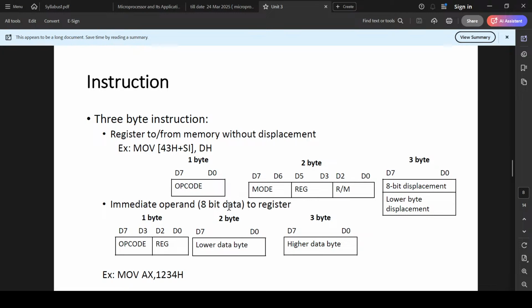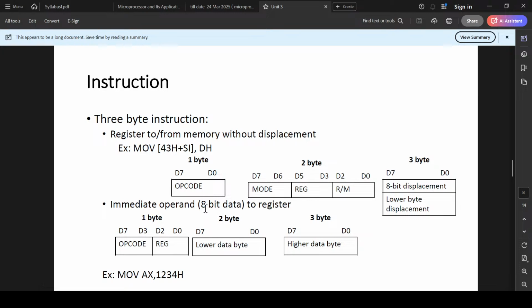Immediate operand, 8-bit data to register. So you can remember this. There's move 43H plus SI. Okay, this 43H plus SI mode and DH. Immediate operand, 8-bit data to register.